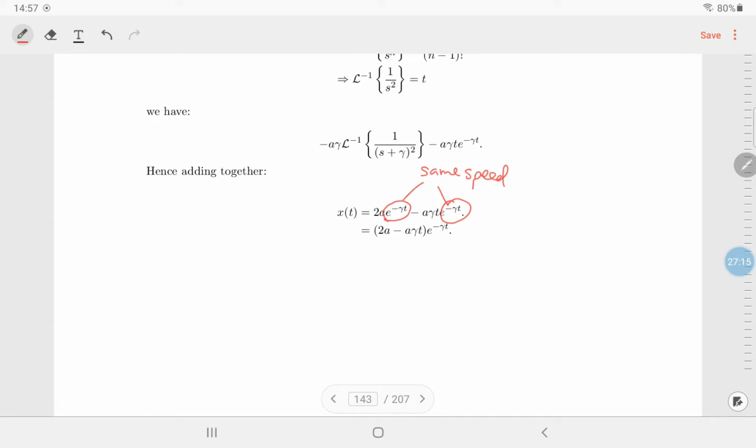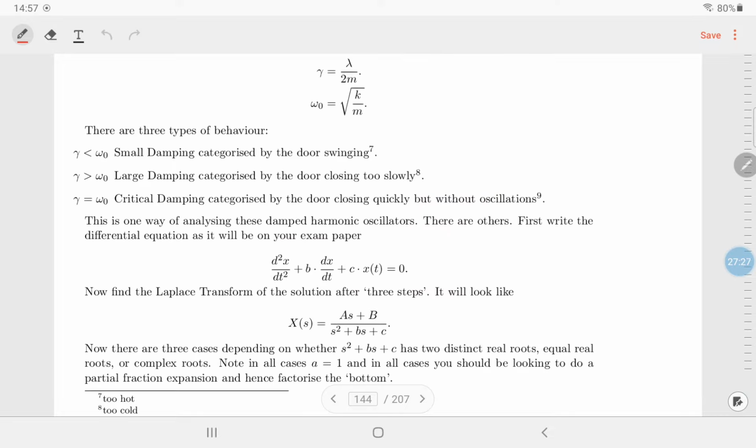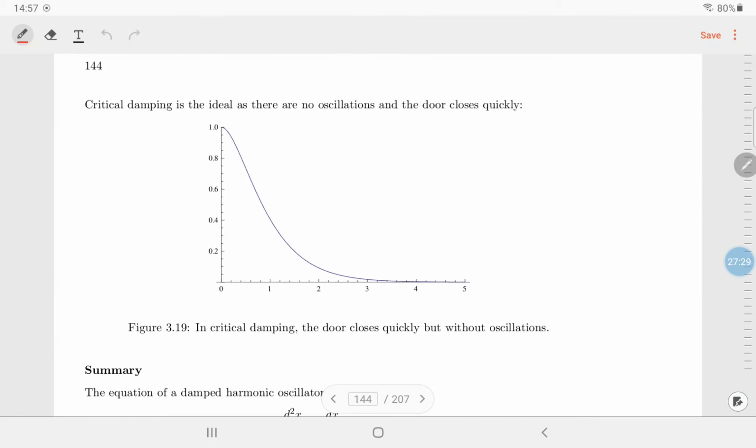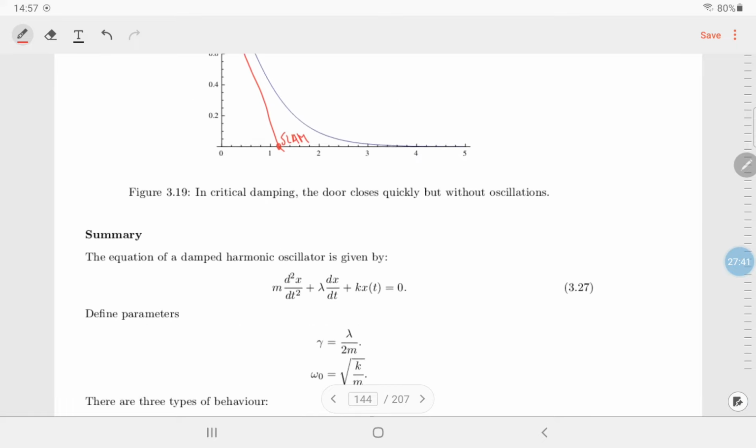And so the door pretty much closes at one speed. If it closes at two speeds, it's overdamped. And the other possibility is if it slams, so this doesn't slam. So this is what's called critical damping. So you see it here, it's pretty much the one pace. If you tried to close it a bit faster, you'd get a slam. So critical is about as good as you can do.